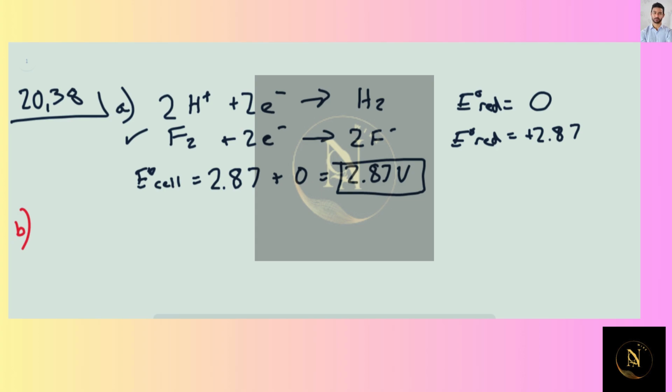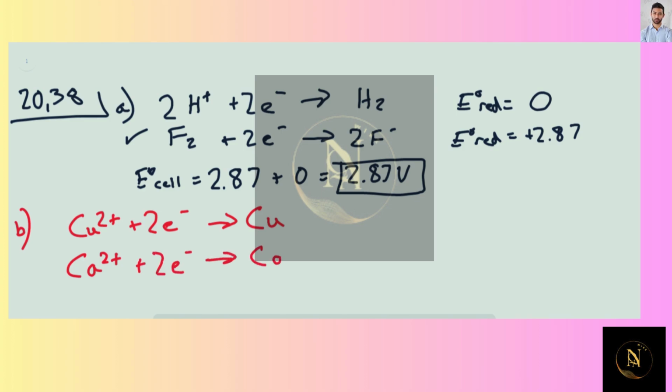So first, we have copper 2, which is the reduction that's occurring in this reaction. We have 2 electrons and it produces copper, and then we can flip the calcium, which is being oxidized, to show the reduction reaction that we want to look for in Appendix E, and we get calcium neutral.